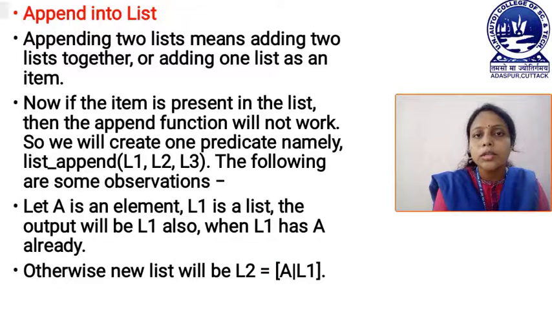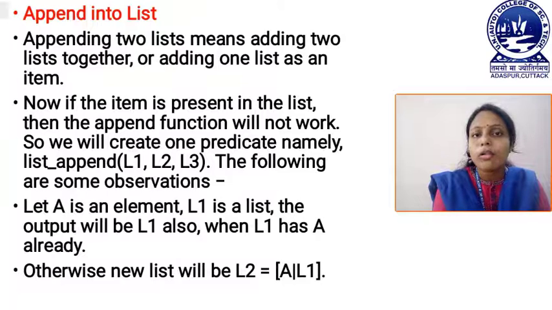Now look at some observations. Let A be an element in the list L1. The output will be L1 also when L1 has A already. That means, suppose A is an element in the list L1 and we want to append this element to the list L1.